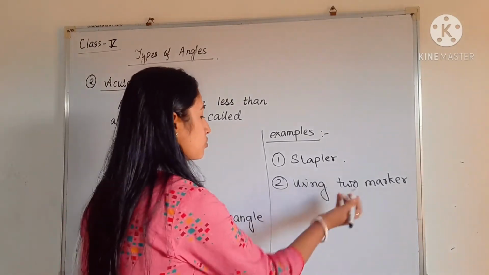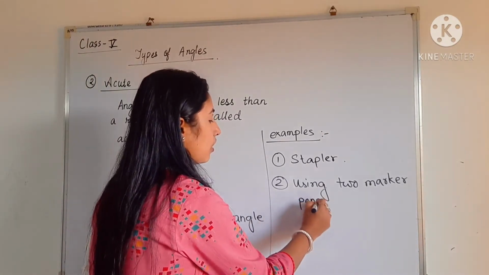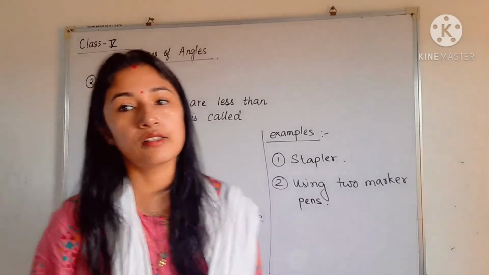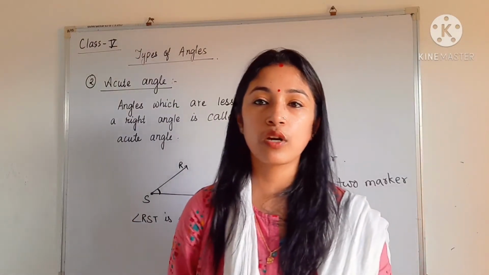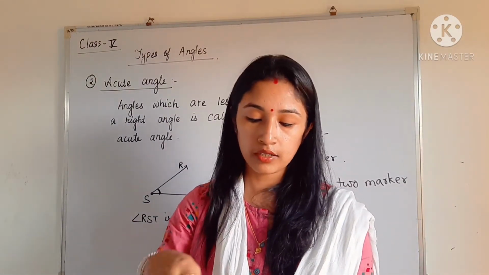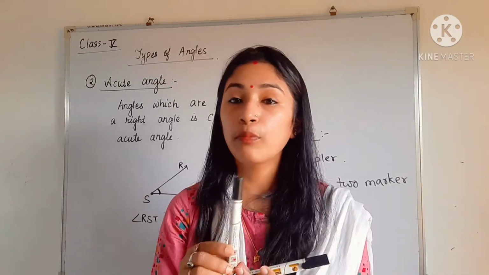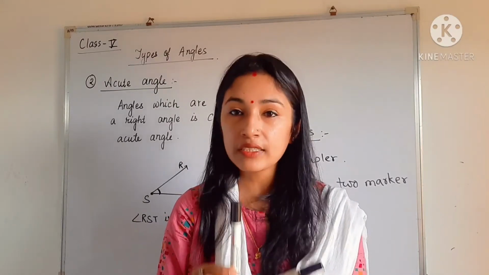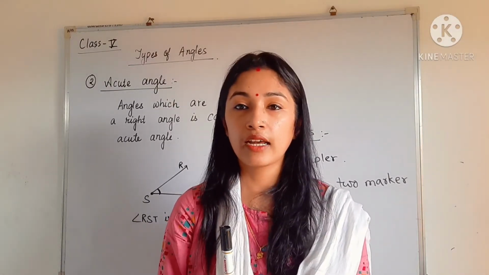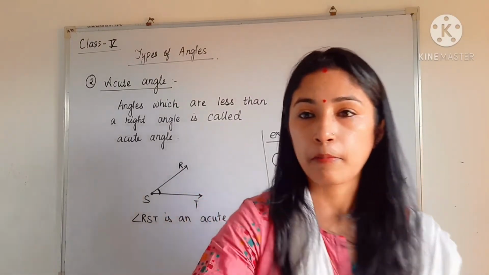So using 2 marker pens we can form different types of angles. So first one I formed the acute angle. You can use 2 pens or 2 pencils to make a right angle as well as an acute angle.